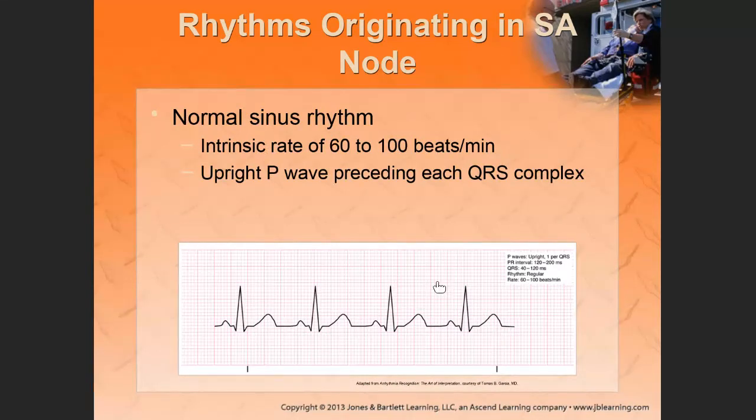And when you're going to check if a rhythm is regular or irregular, you take a piece of paper. So you take a piece of paper and you mark out your QRS complex. So mark out the first 2 QRS complex on your paper and then move it along the rhythm to see if it matches up with the other complexes.